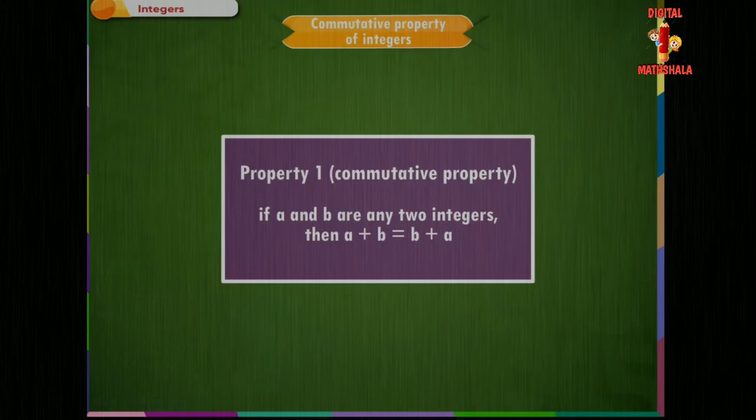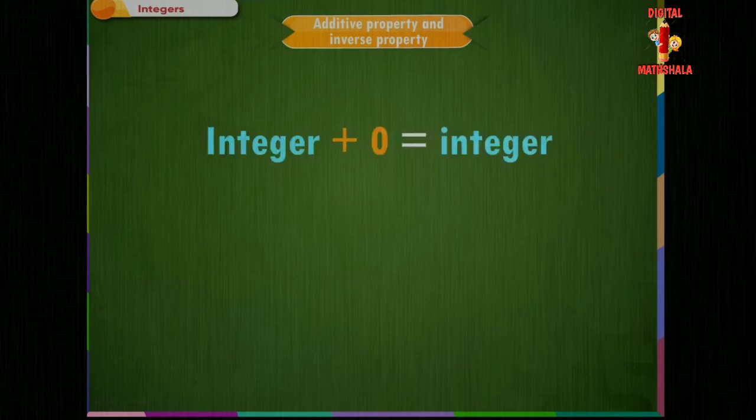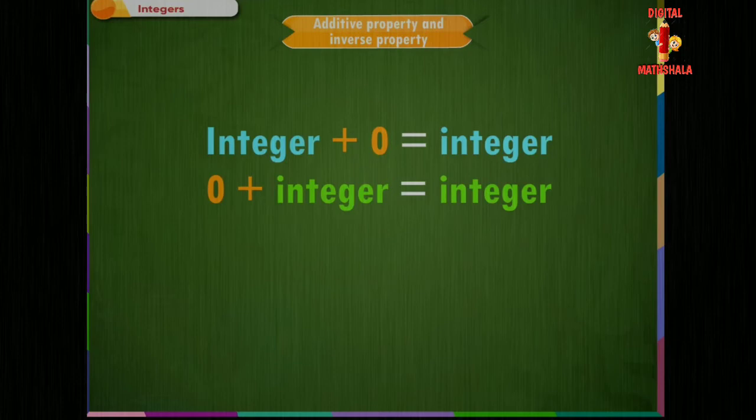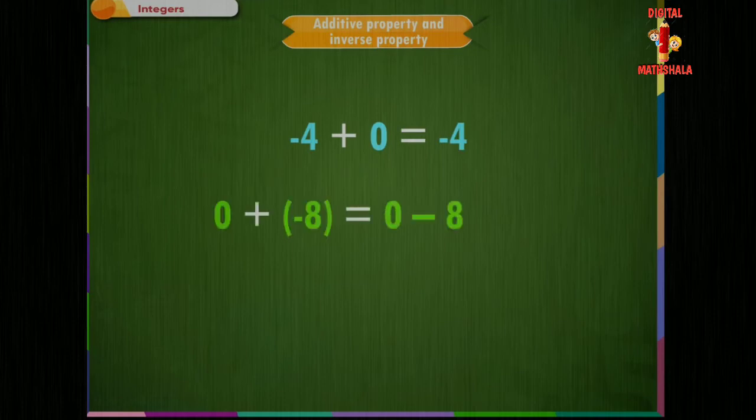The next two properties of integers that are related to addition are additive identity property and inverse property. We know that when we add 0 to any integer or any integer to 0, we always get the same integer as a sum. This is called additive property. For example, minus 4 plus 0 is equal to minus 4. 0 plus minus 8 is equal to 0 minus 8 is equal to minus 8.